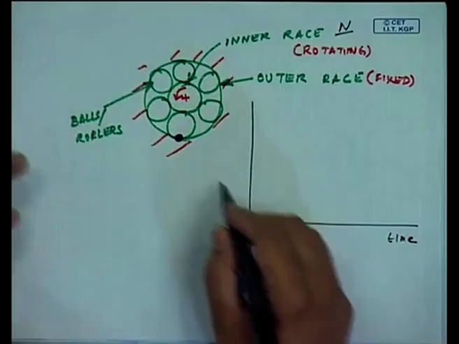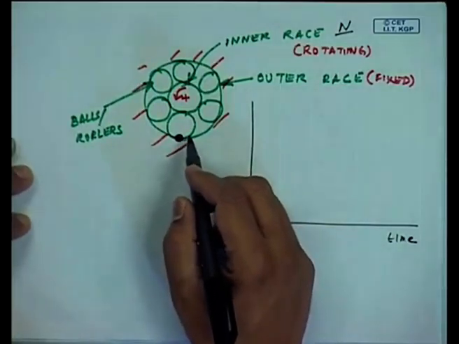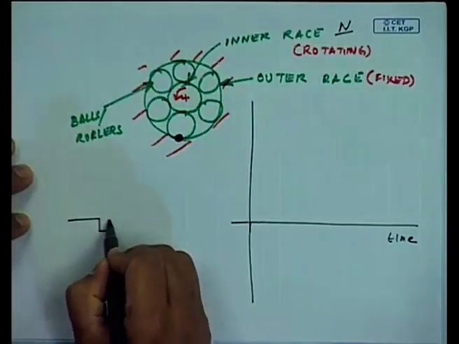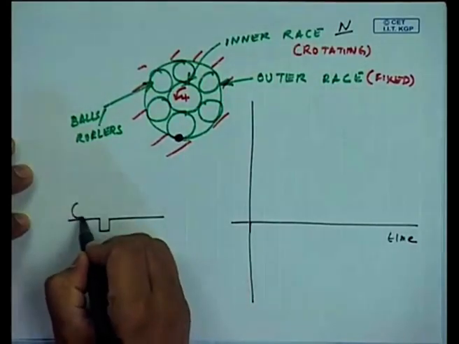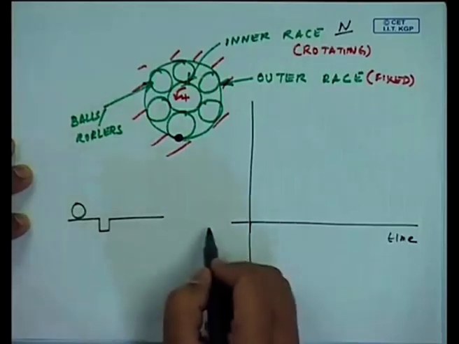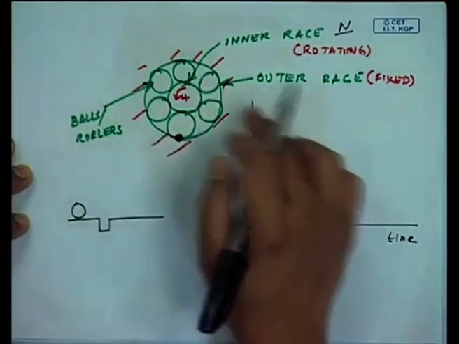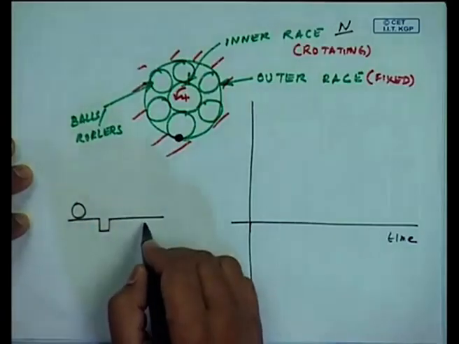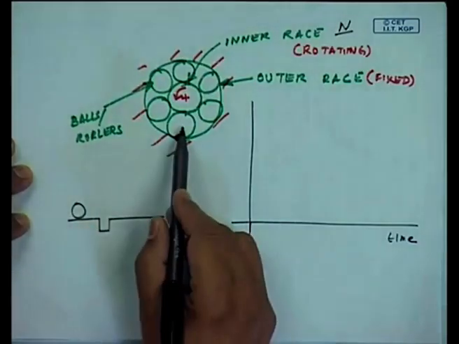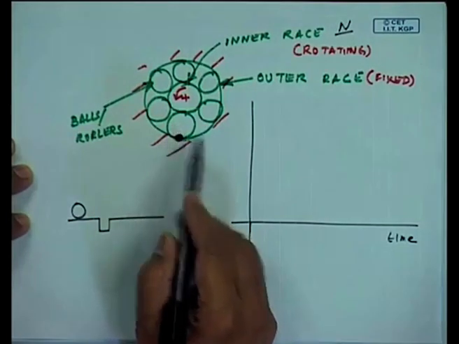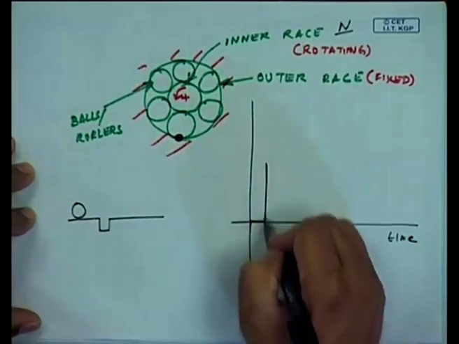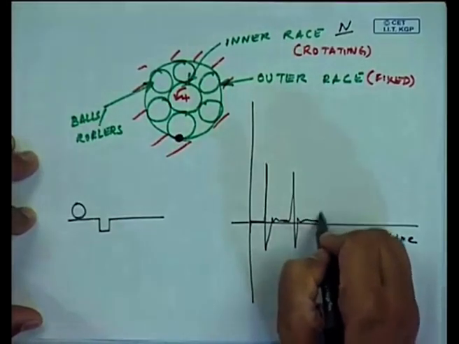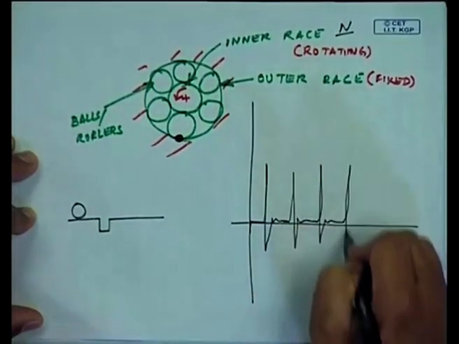No matter what, each time this rolling element or ball passes over the outer race defect, it is as if you are going over a pit. If you measure the vibration created by a ball hitting a pit, each time I will get an impact, and then another impact, another impact.